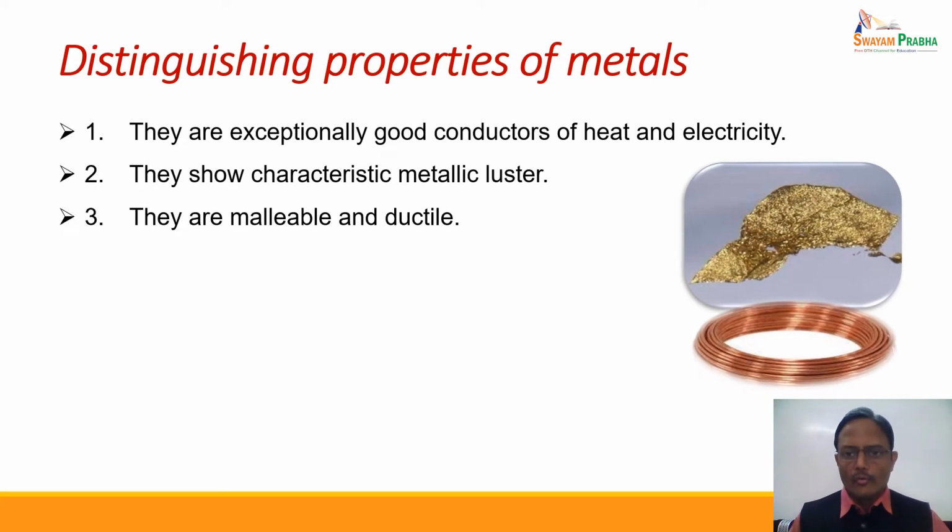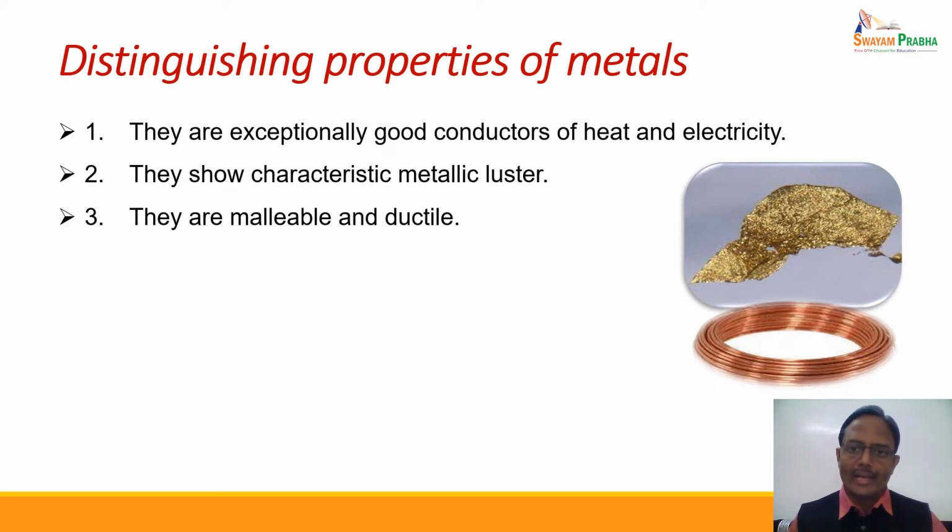Thirdly, we can mold the metals in the form of sheets or wires, and this property is called malleability and ductility. So the property of metals to be molded in the form of sheets is called malleability, and the property of the metals to be obtained in the form of wires is called ductility.